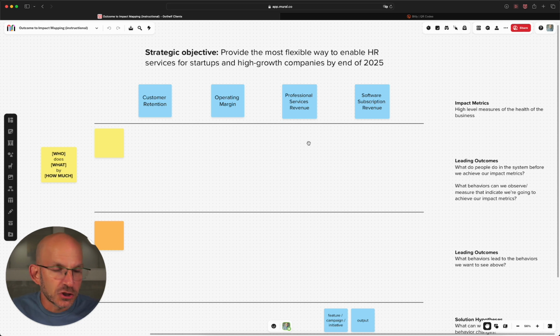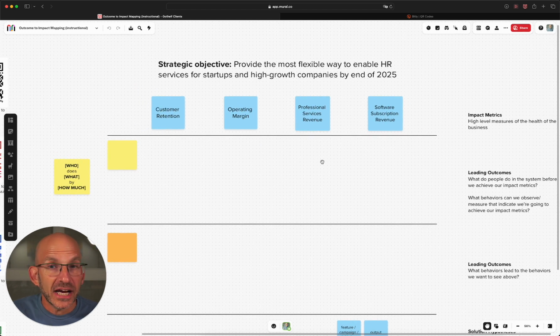So we're going to have a fictional context here, an organization that has a strategic objective, which is rare for a lot of organizations. But in this particular case, this is a good organization, and they've put together a strategic objective for the time period starting now until the end of 2025. And their strategic objective is to provide the most flexible way to enable human resources, HR services, for startups and high growth companies by the end of 2025.